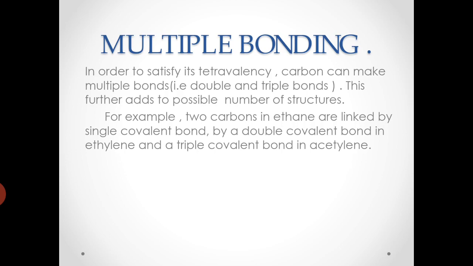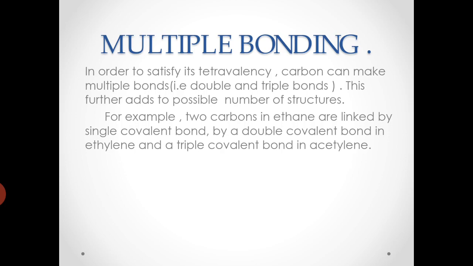Okay students, next is multiple bonding. In order to satisfy its tetravalency, carbon can make multiple bonds, double and triple bonds, in unsaturated hydrocarbons, and this further adds to the possible number of structures. For example, two carbons in ethane are single bonded; these are saturated hydrocarbons, called alkanes, and we have discussed ethane.